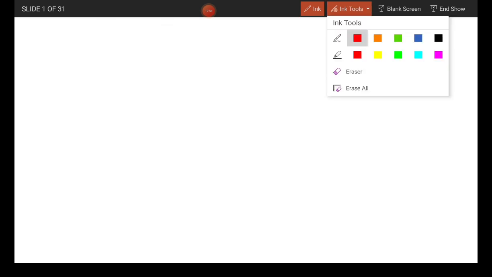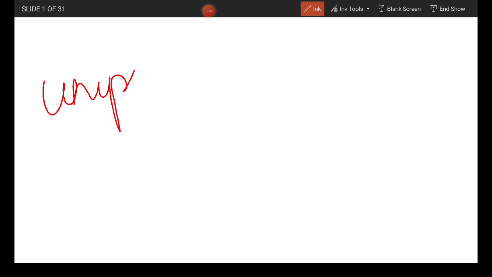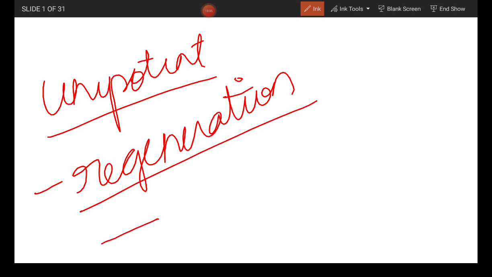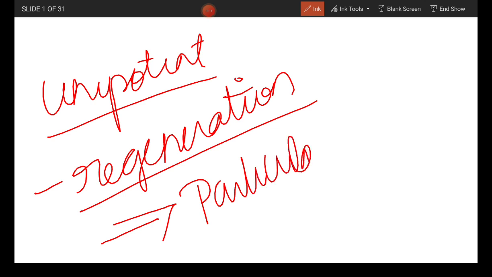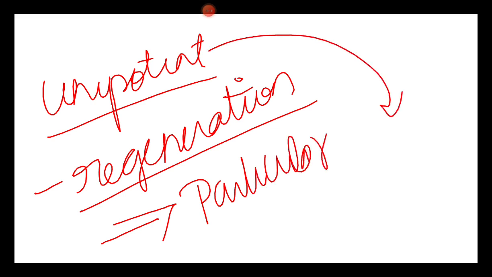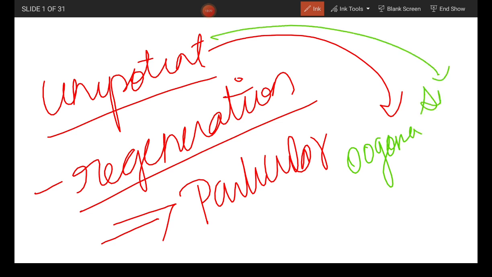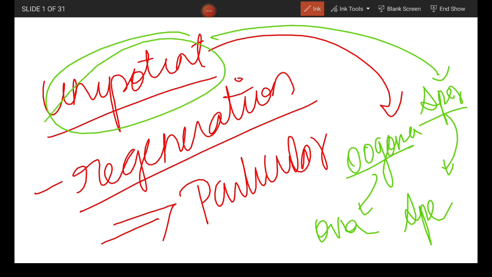It gives rise to only a particular kind of tissue. Examples: oogonia give rise to ova, and spermatogonia give rise to sperms. These are examples of unipotency.